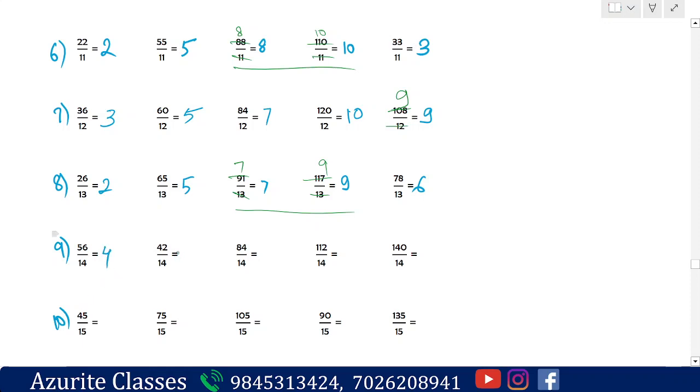Next. 12, 112. Very good. So this is how you have to do. You have to divide. Okay, good. Next roll number 10. Tell the answers.